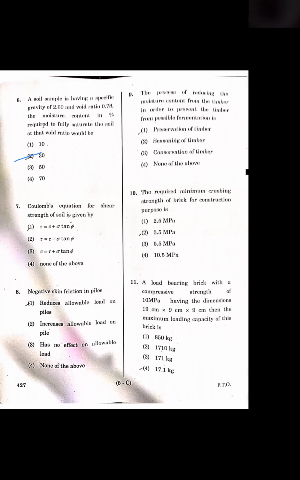Then Coulomb's equation for shear strength of soil is given by... The negative skin friction in piles reduces the allowable load on piles. The process of reducing the moisture content from the timber in order to prevent the timber from possible fermentation is seasoning of timber.